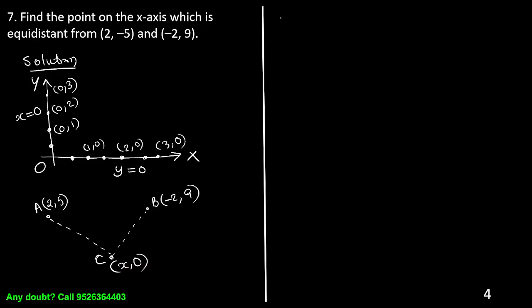It is given that AC equal to BC. C is equidistant from A and B. AC equal to BC is given in the question. So let us use the distance formula. What is AC? Let us look at A and C. AC will be root of (x2 minus x1) square plus (y2 minus y1) square.